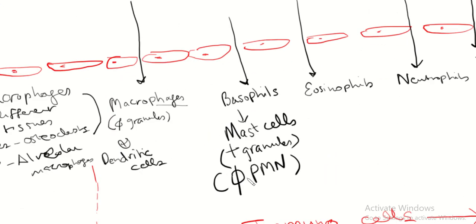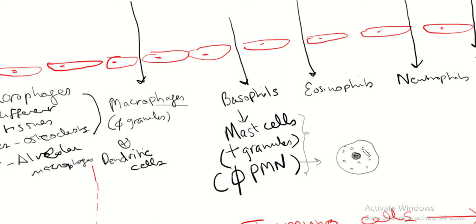Well, within the tissue, the basophils become mast cells. So they mature even more, and when they mature, the lobulated nuclei become more round and they lose their polymorphology of their nucleus. So they're not PMNs anymore, but they still have granules. Okay?